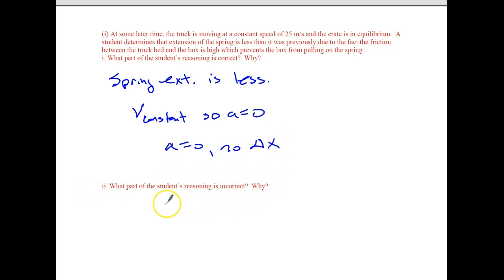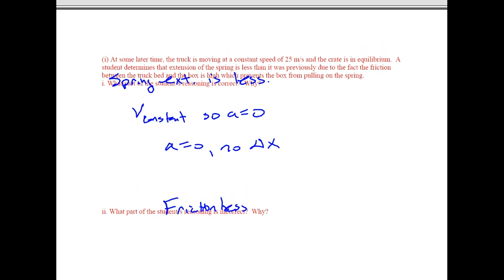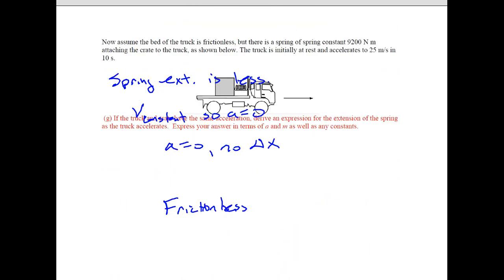What's wrong with what they said? They said the truck bed is not frictionless, and they said why this is incorrect. Because the student determines the extension at some time later, we have to move back up to the directions, and we'll notice that at the very beginning of this problem it says the truck bed is frictionless.